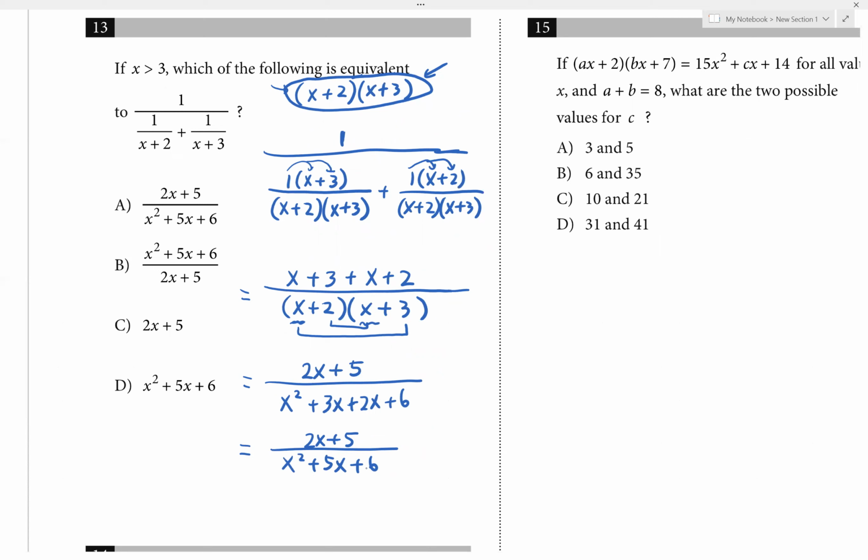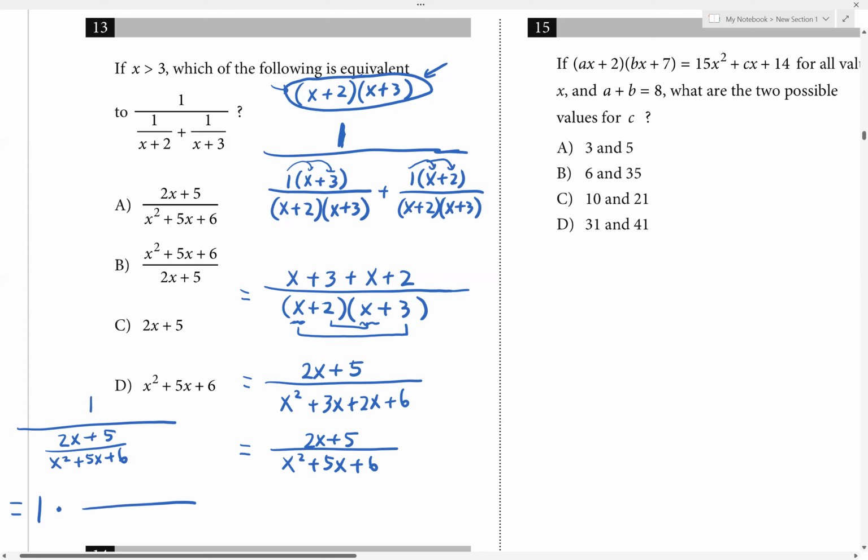But be careful, this is not the final answer. Remember, we still have a 1 over in the beginning. The 1 on top is still there, and the fraction we got here is the denominator, so we still have 1 over that. If we do 1 divided by this fraction, we have to flip it and multiply. So this is the same as 1 times the reciprocal of this fraction.